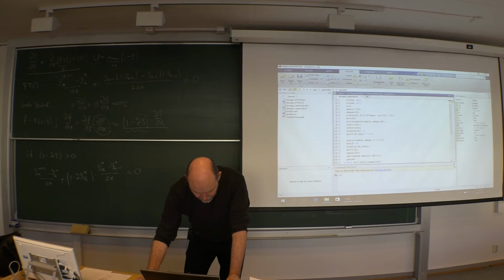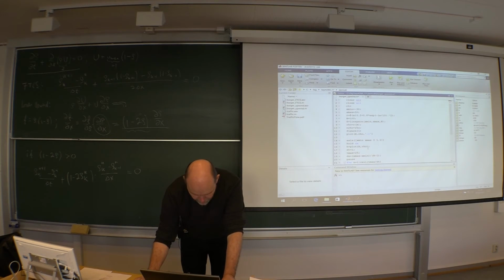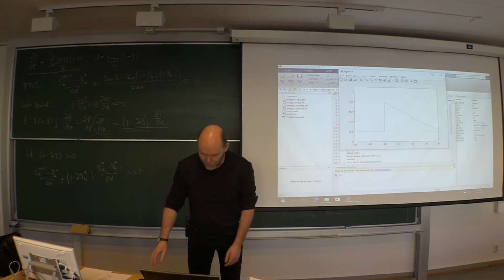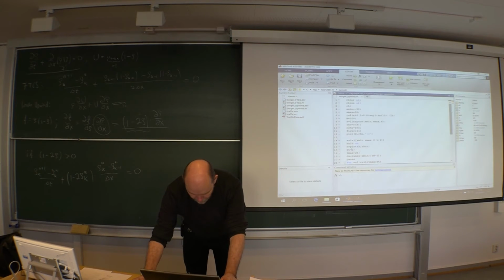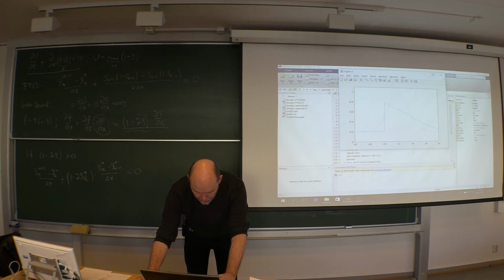Stability limit, while we're at it here, let's try it. Delta t of 1, will that one work? Yes, it does. Bigger than 1, then we might get into problems here. No, it still could handle it.